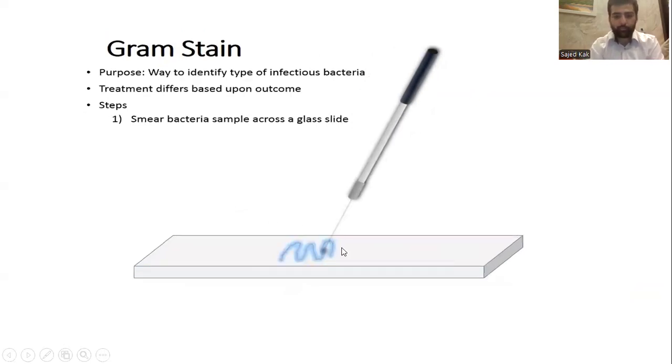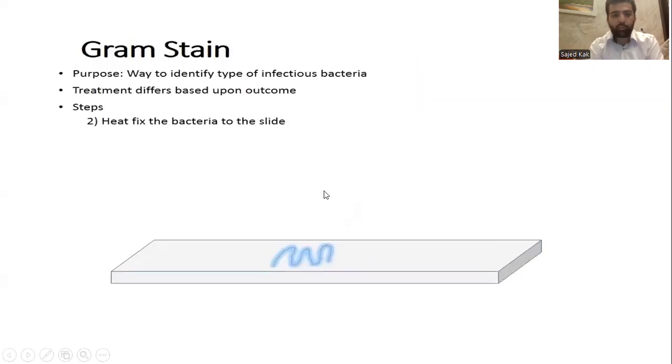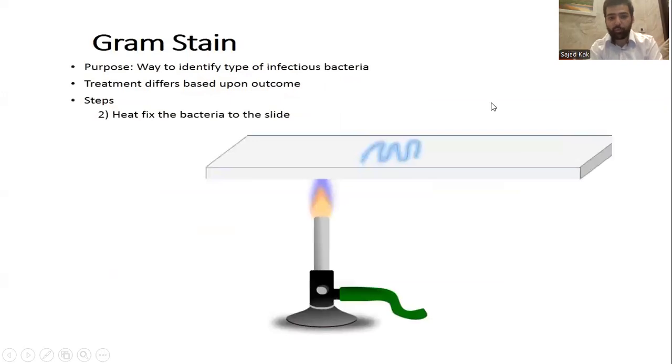Then, as you can see here, what should you do? Heat fix the bacteria to the slide. You have to fix the bacteria to the slide by heating. As you can see here, we move the slide right and left in order to heat it.